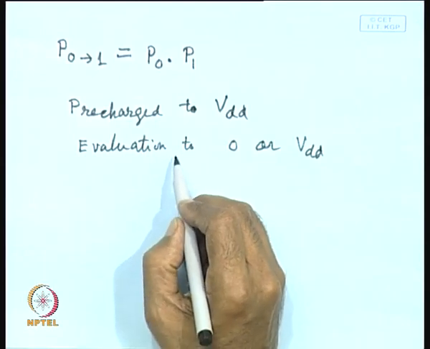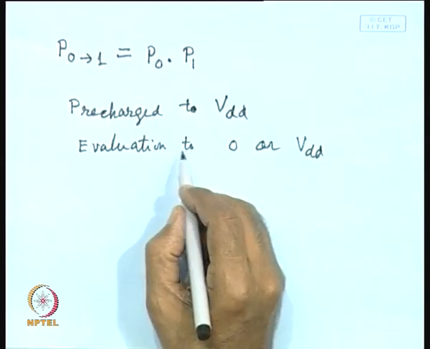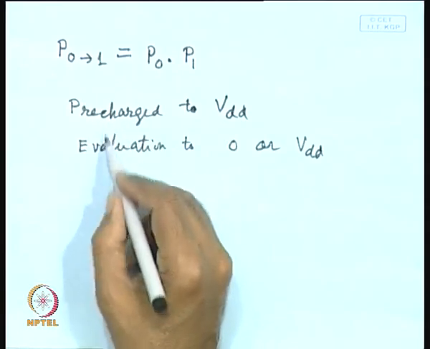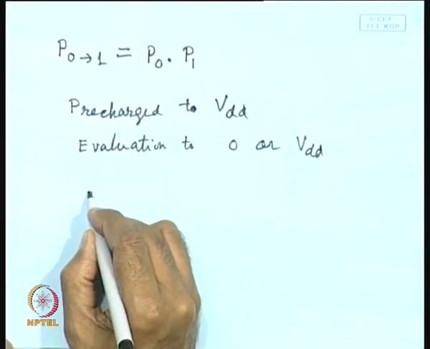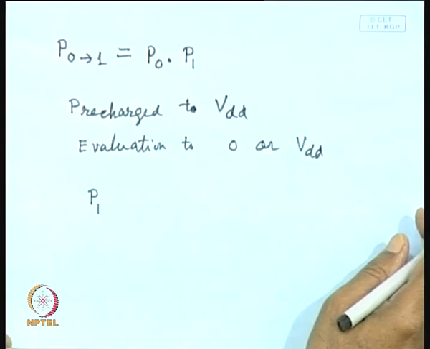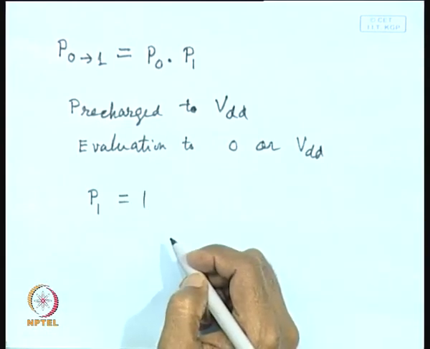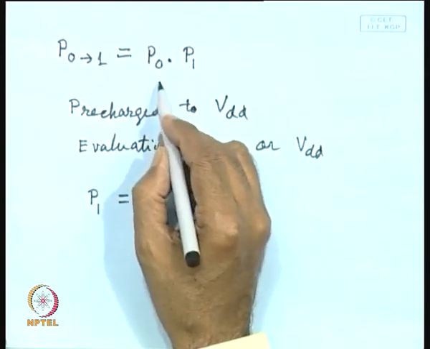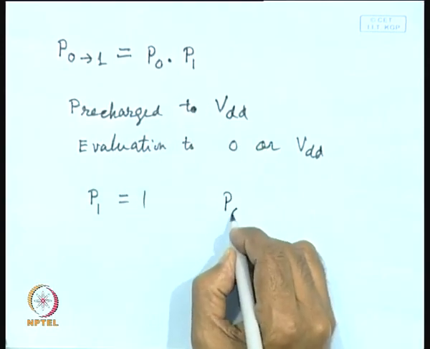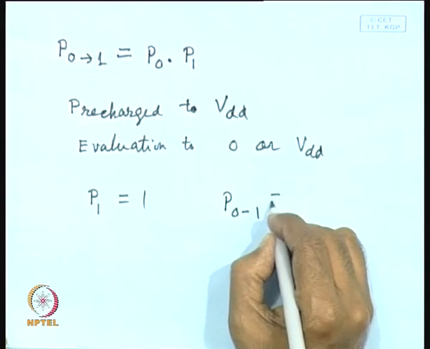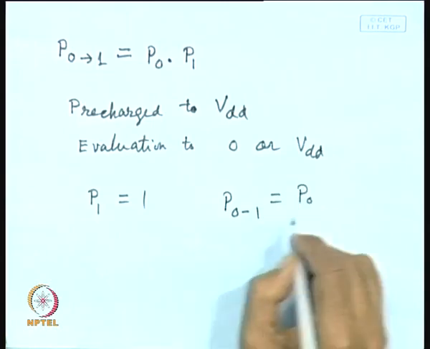But in such a situation, as you can see, for each computation you have to charge the output to VDD. That means P1, the probability that the output will be 1, is always 1, and as a consequence, if you substitute in this, the switching activity P0→1 will be equal to P0.